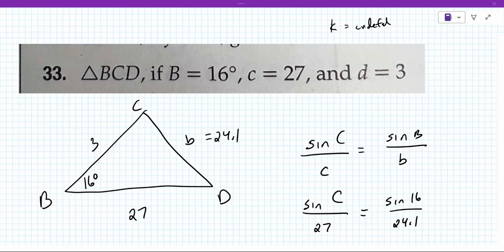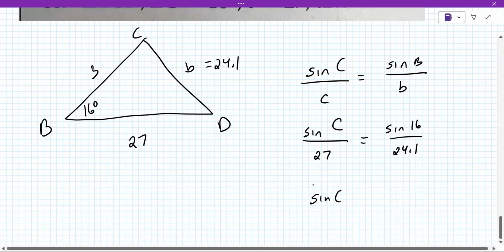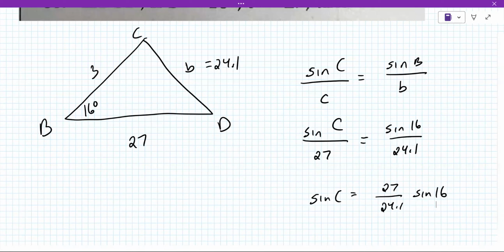So hopefully you have sine C equals 27 over 24.1 times sine of 16. Does that look right to you? Yes. You said 0.308, right? Yes. Okay, and then it's the sine inverse of that. Did you say 17.98? Yes. Okay.